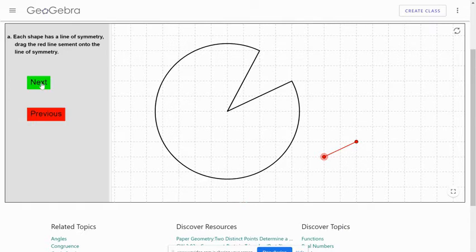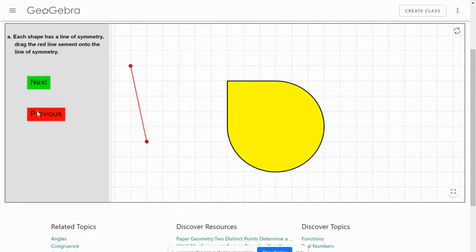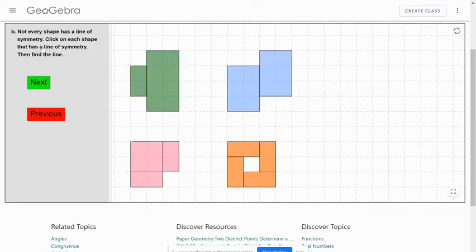And the rest of those you can explore. If you keep going, if you get far enough, you get to section B, where not every shape has a line of symmetry, and they want you to select the one that does have line symmetry. And so only one of these does, and it is, in this case, actually I see two of them.